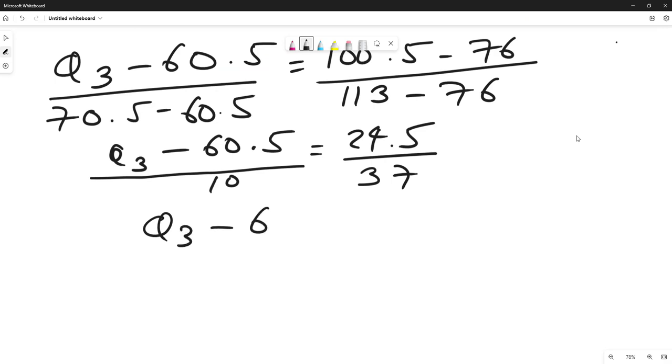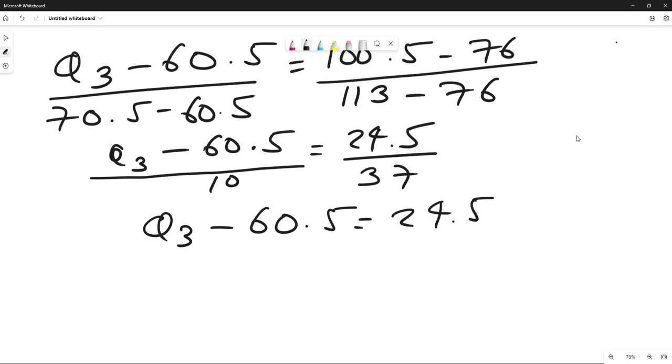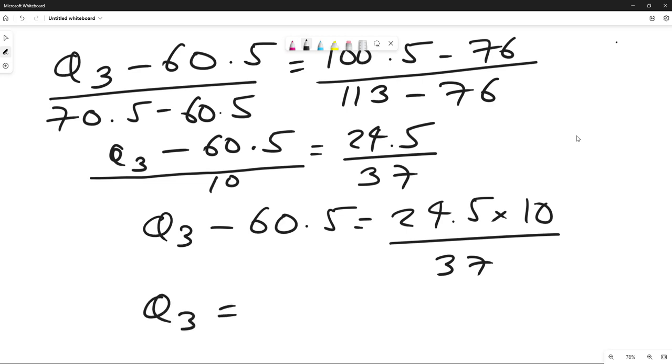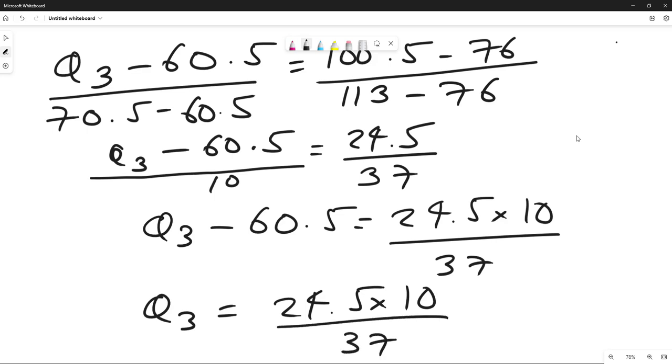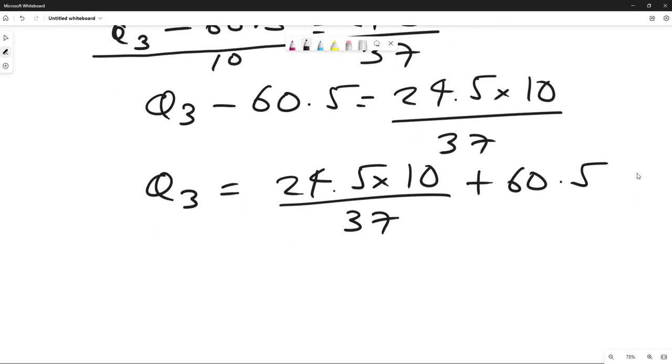So Q3 minus 60.5 is 24.5 times 10 over 37. And Q3 will be 24.5 times 10 over 37 plus 60.5. So now you can just type that into our calculator and then we've got the upper quartile.